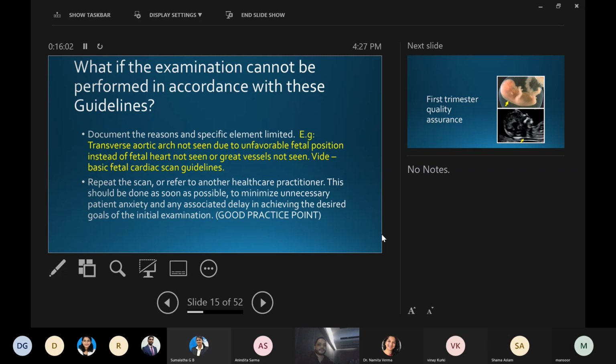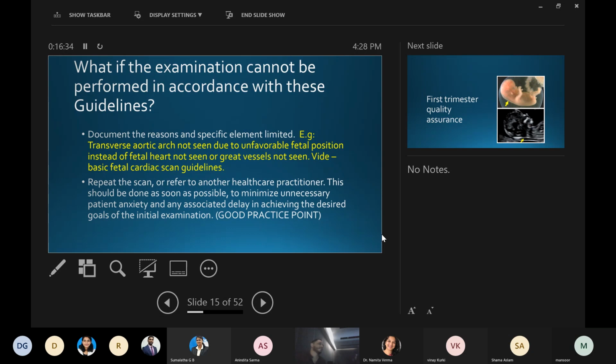So if the examination couldn't be performed in accordance with guidelines, then we have to mention what was the reason and what we couldn't see. For example, in some reports, we always find that fetal heart could not be seen due to poor acoustic window. That is not a correct way of describing things. You tell which part of fetal heart you couldn't see and why you couldn't see, maybe due to fetal position or something.